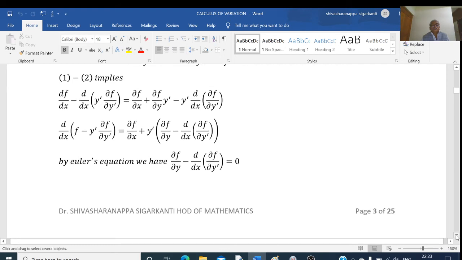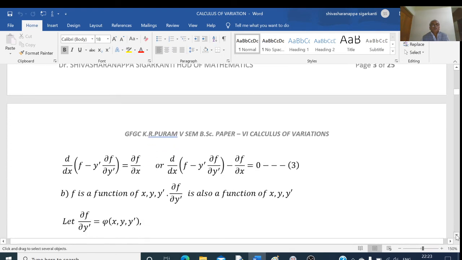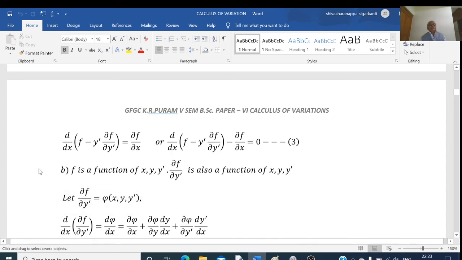So using Euler's equation, this reduces to d/dx of (f minus y' into ∂f/∂y') equal to ∂f/∂x, or we can write d/dx of (f minus y' into ∂f/∂y') minus, taking this to the left-hand side, ∂f/∂x is equal to 0. Let me write this as relation 3.